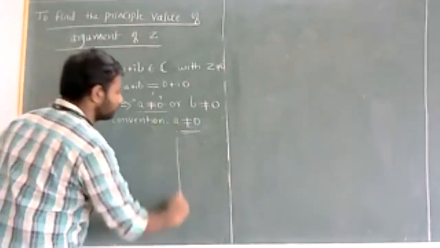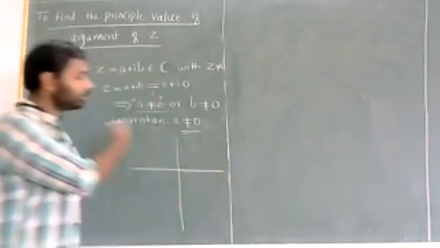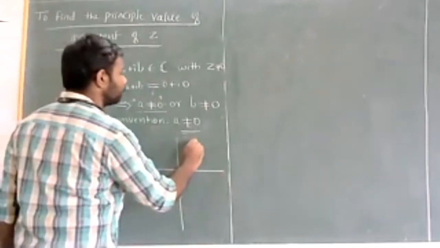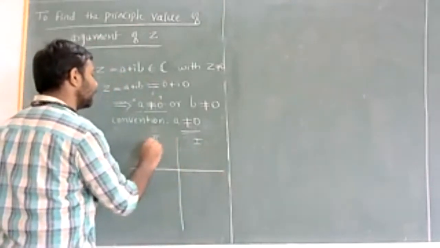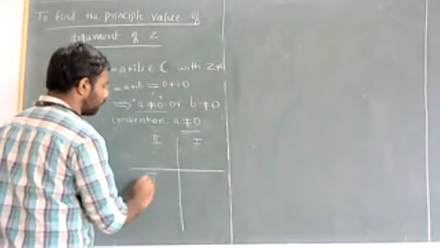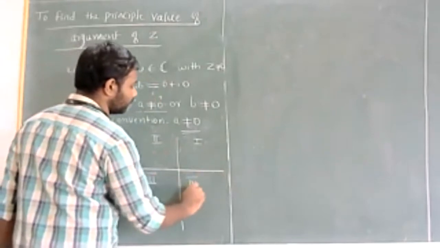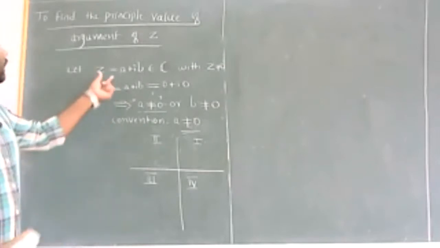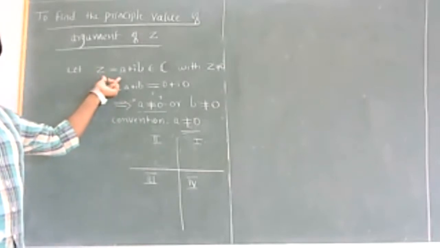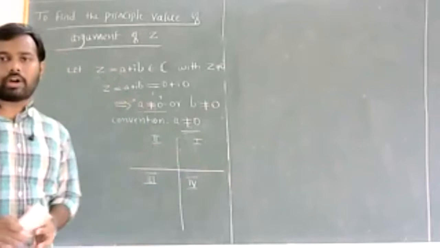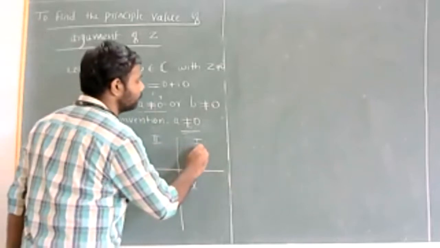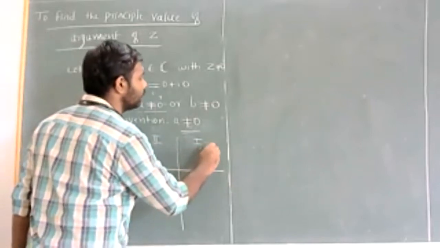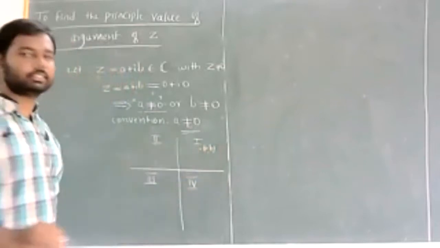Now I'll come to the quadrants: first quadrant, second quadrant, third quadrant, fourth quadrant. Suppose the complex number which you have considered is in the first quadrant, and its position is this.